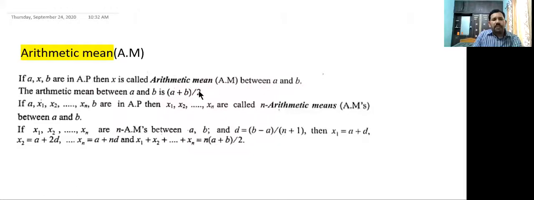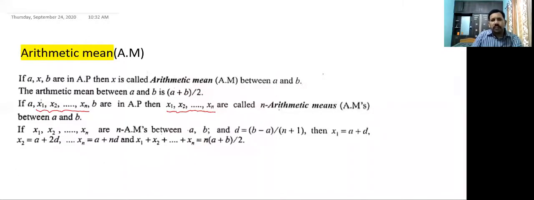If in between a and b we insert n arithmetic means x1, x2, x3 and so on xn, so that a, x1, x2 and so on xn, b are in AP series, then x1, x2, x3 and so on xn are called n arithmetic means between a and b. In between two numbers we insert n arithmetic means, and those are all in AP series.